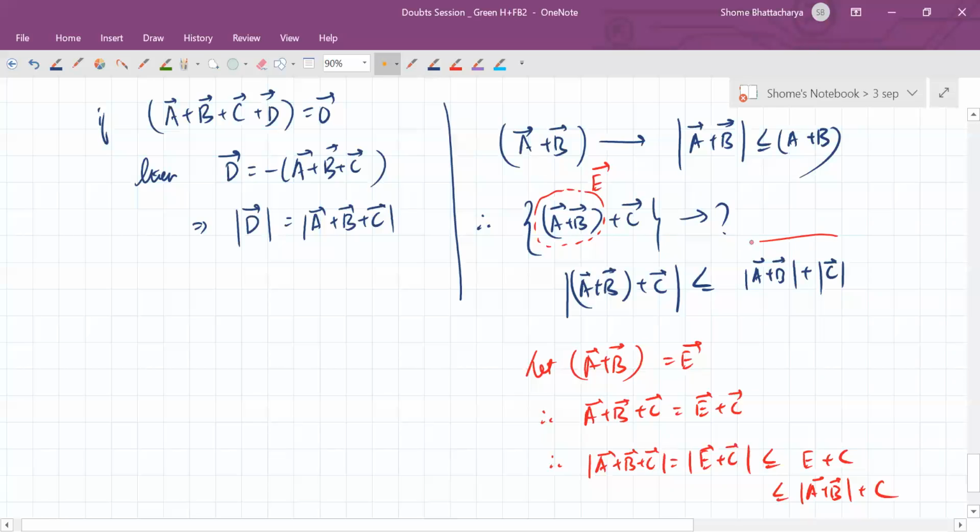Okay. So that's how this statement comes in. Okay. So this is statement 2 and this is statement 1.